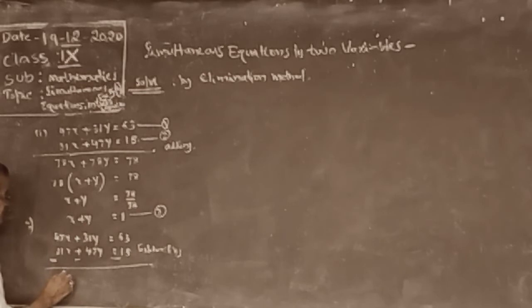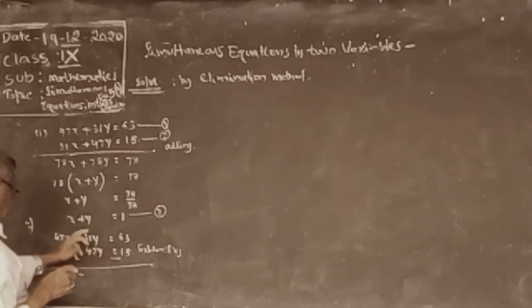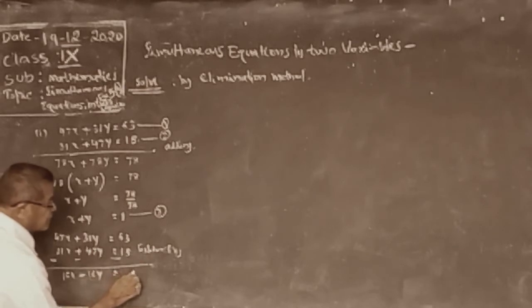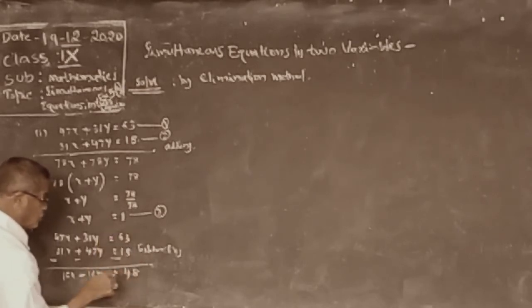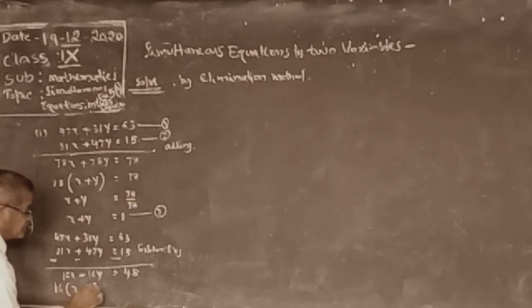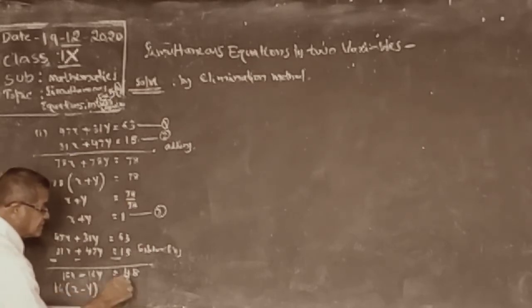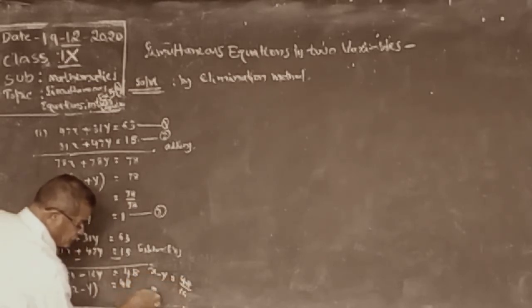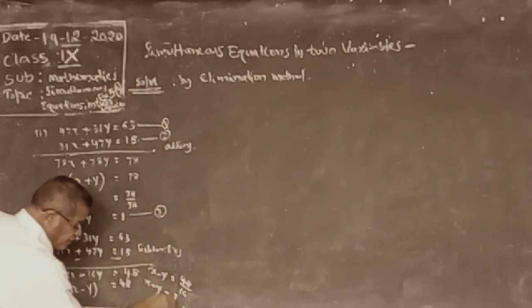What we are getting here: 16x minus 16y is equal to 48. Here 16 is common. Taking 16 common, x minus y is equal to 48 by 16. X minus y is equal to 3.